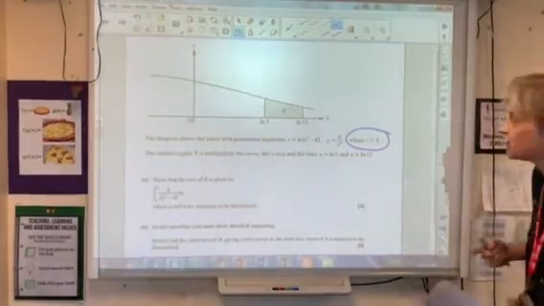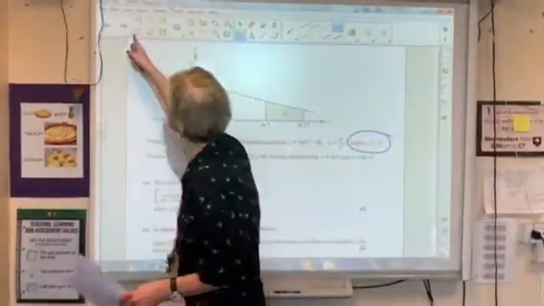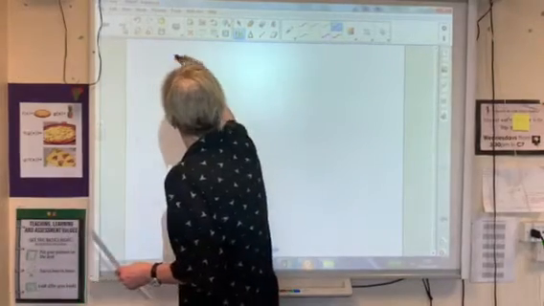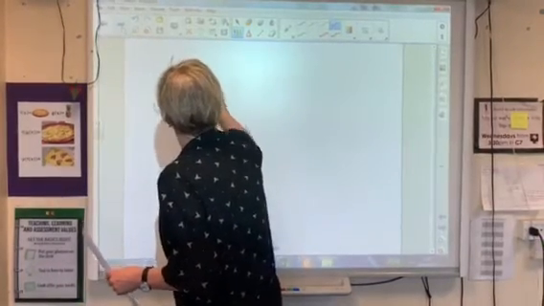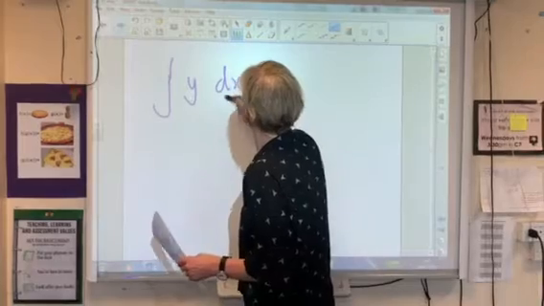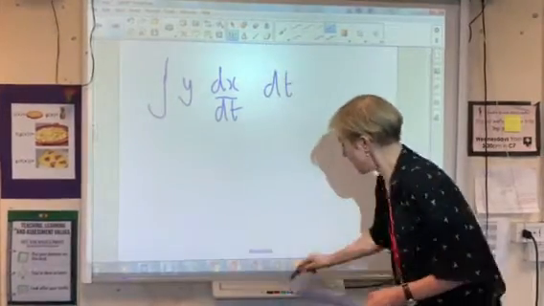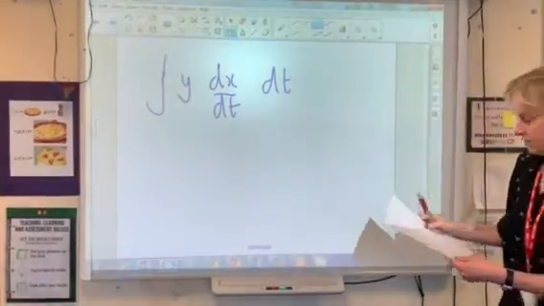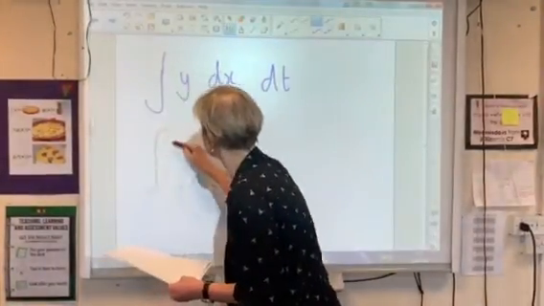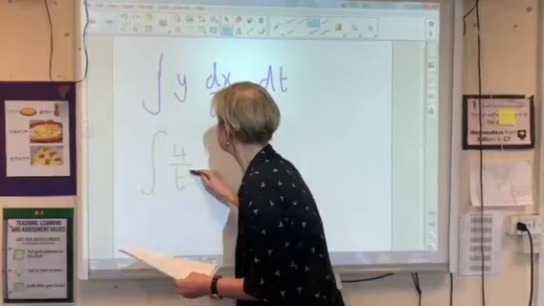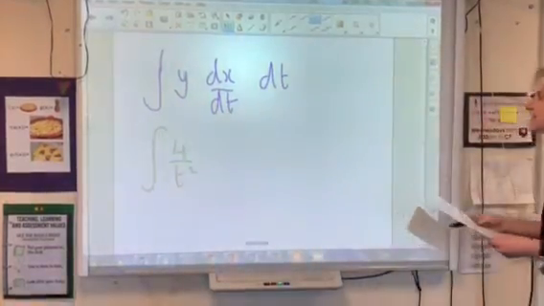So the first thing you're going to do is rewrite y dx/dt multiplied by dt. Now y is 4 over t squared, times dx/dt.